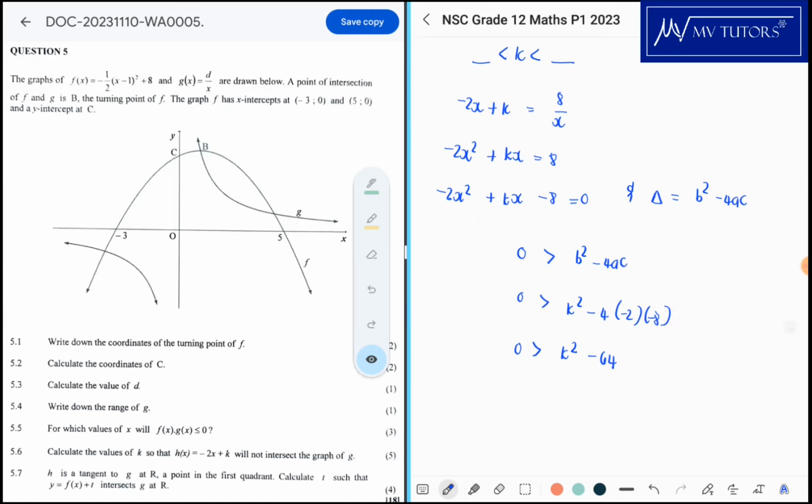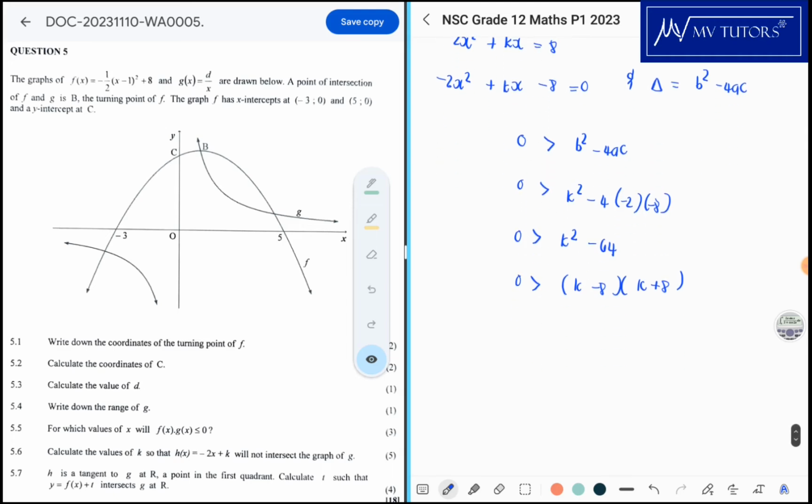That's actually great that we have a negative because we have a difference of 2 squares. So now we can factorize and say k minus 8. Remember 64, if you square root it, it will be 8, positive and negative 8. Okay, so we have k minus 8 and k plus 8 because of the difference of 2 squares there.